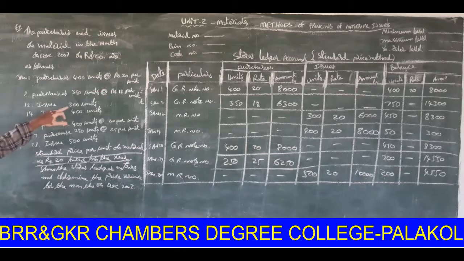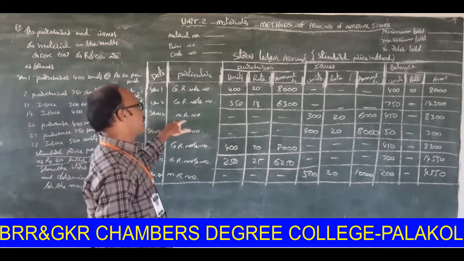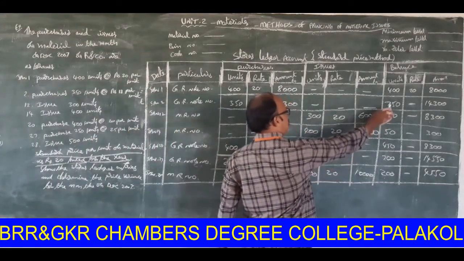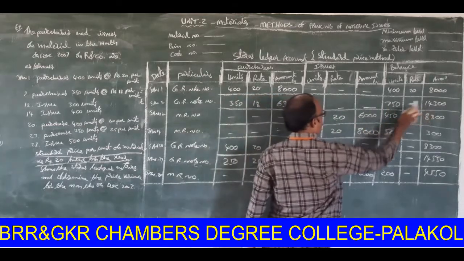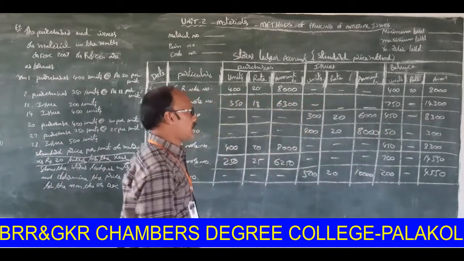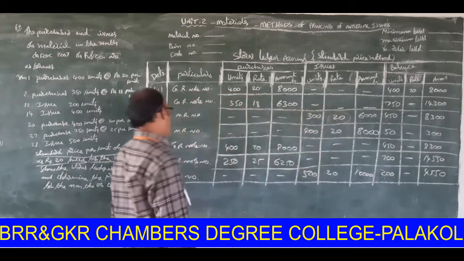So January 12th MR number, 300 units into 20, 6,000. 750 minus 300, 450. 14,300 minus 6,000, 8,300. Here we consider only standard price.